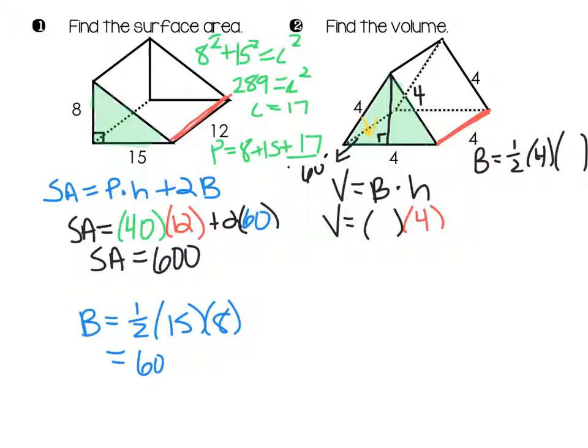So if my hypotenuse is 4, that means opposite my 30-degree angle is 2, and my height is 2 square root 3. So then my area of my base is 4 square root 3. So my volume is 16 square root of 3.